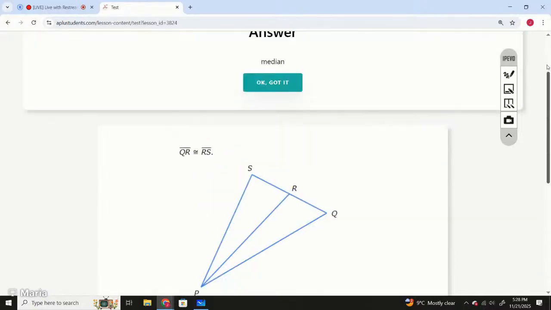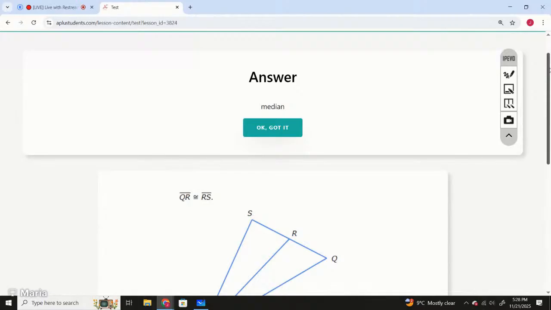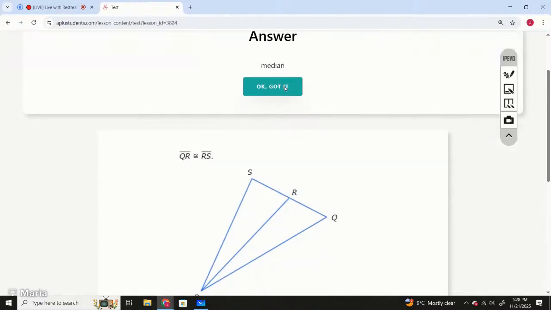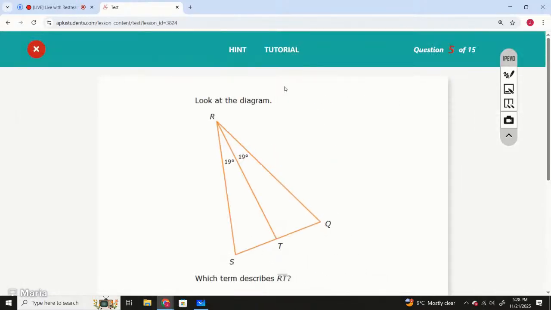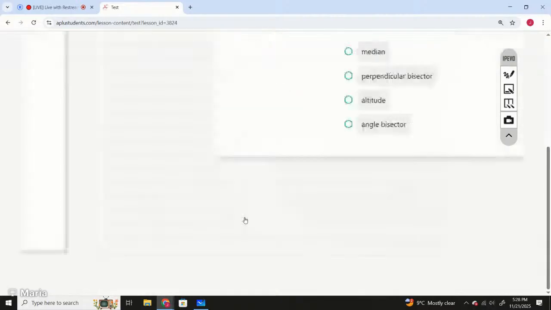Why not angle bisector? Median? Okay, median it is. Look at the diagram. What is the term RT? RT divides the angle R into two equal parts. So for sure that is the angle bisector.